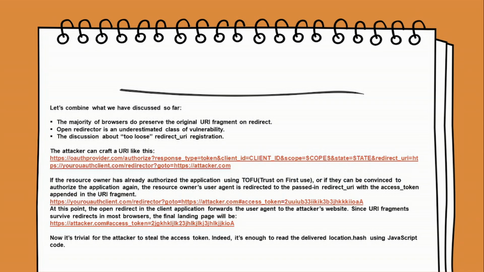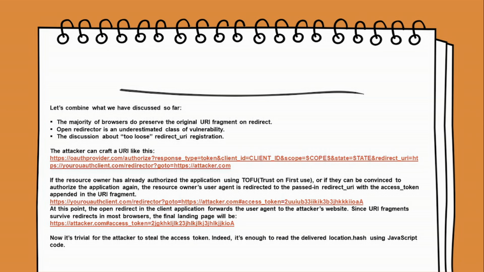I'll show you. You can see the attacker can craft a URL like this: authprovider.com/authorize with the query response_type=token, client_id, scope, state, and the redirect_uri, which is authclient.com/redirector with the query goto equal to https://attacker.com. So this is the redirect URI the attacker has crafted, and by some technique the user clicks on it in the browser.